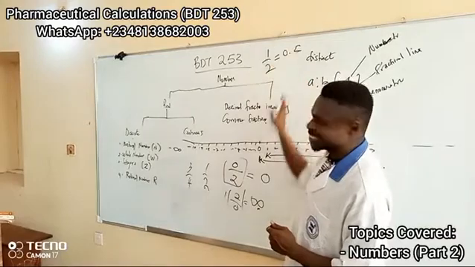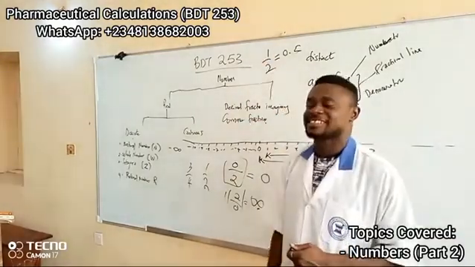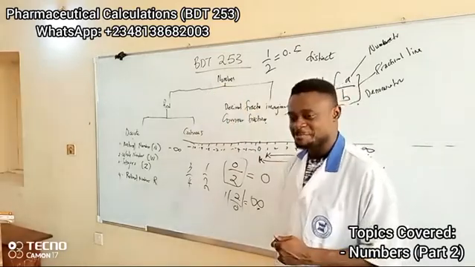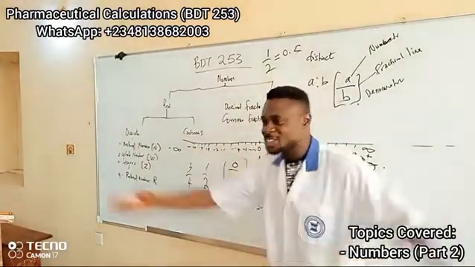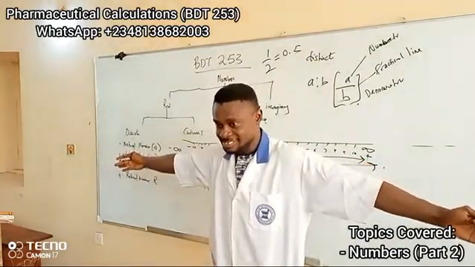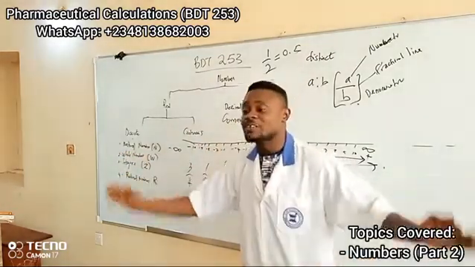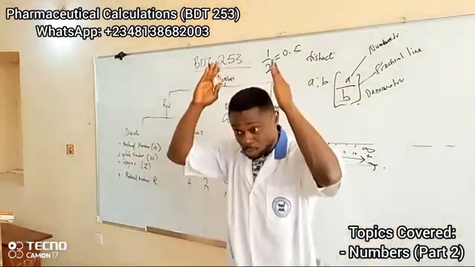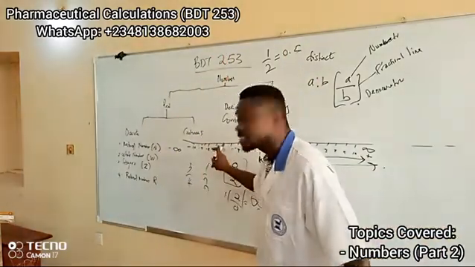This is a decimal fraction. This 0.5 is discrete. It's rational. You can define where it is. It's not continuous. Are you with me? 0.75 is discrete, it's not continuous. You can fix it here and end it.